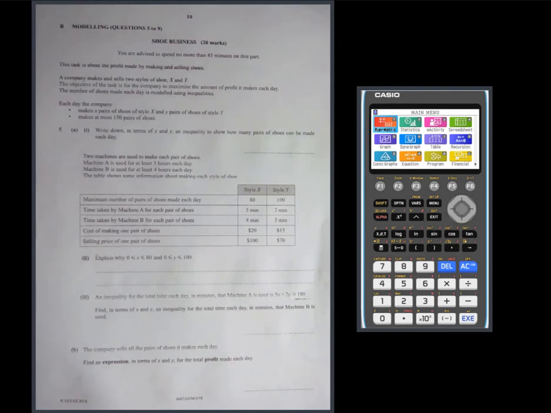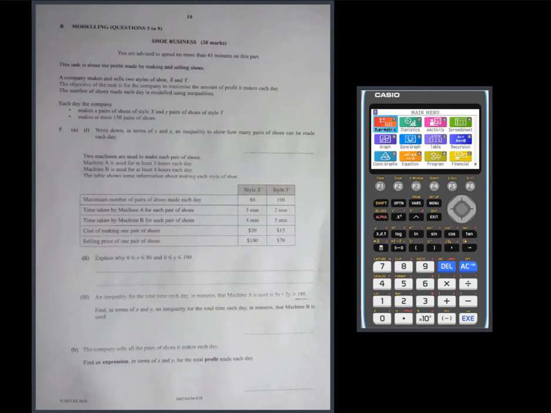Right, so this is the second half of a paper 6, the modelling section, and it's about shoes. So let's start. Shoe business. You are advised to spend no more than 45 minutes on this part. This task is about the profit made by making and selling shoes.